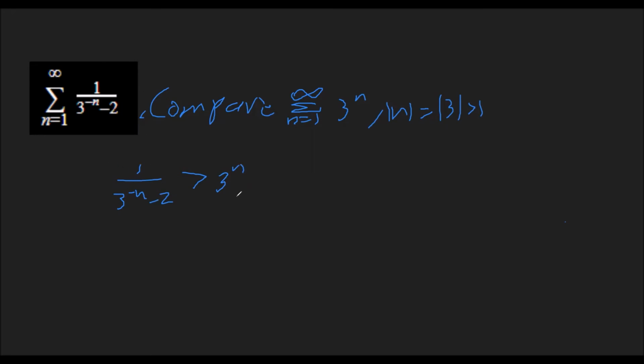Since a sub n is greater than b sub n, and since b sub n diverges, we know that this diverges because we can remember the phrase greater than a divergent diverges. So we can state that the series from n equals 1 to infinity of 1 over 3 to the power of negative n minus 2 diverges by direct comparison test.